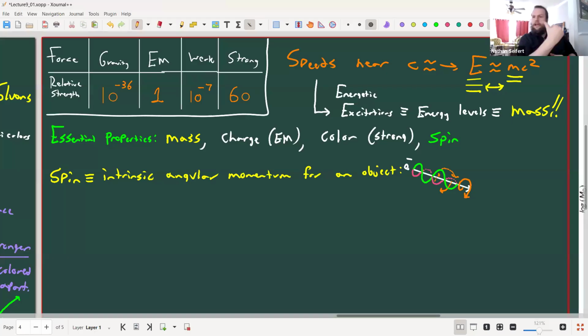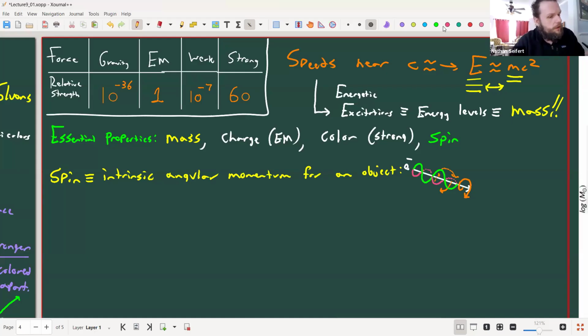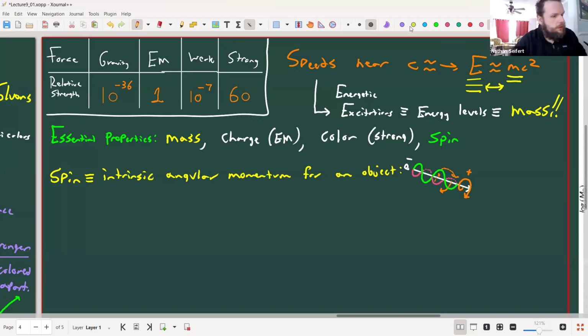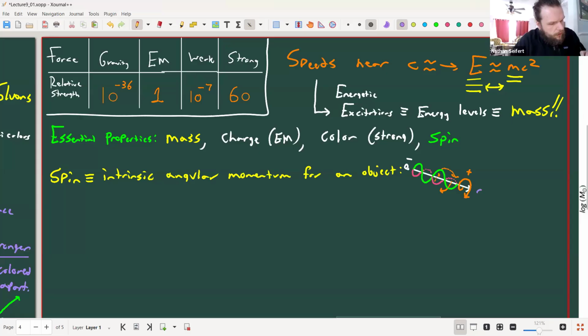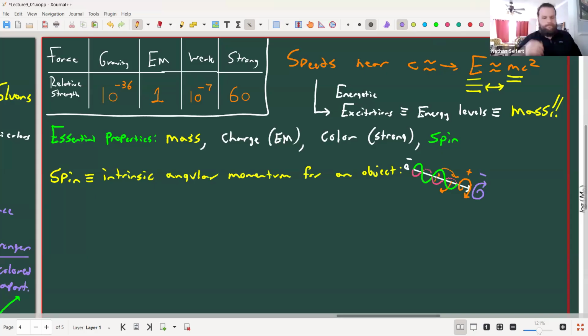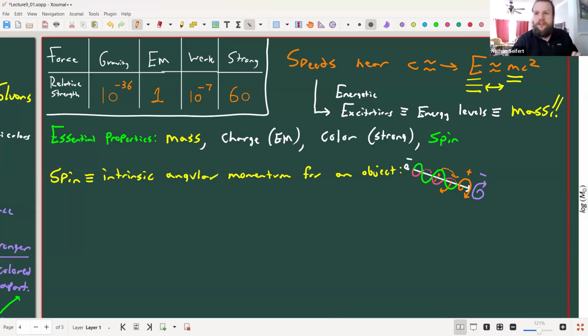As it's propagating, it's rotating, and there are two different ways to rotate. There's this way, we'll call that the plus rotation. And then there's correspondingly an anti-rotation, where it could be rotating this way. And we associate these with two different spins.